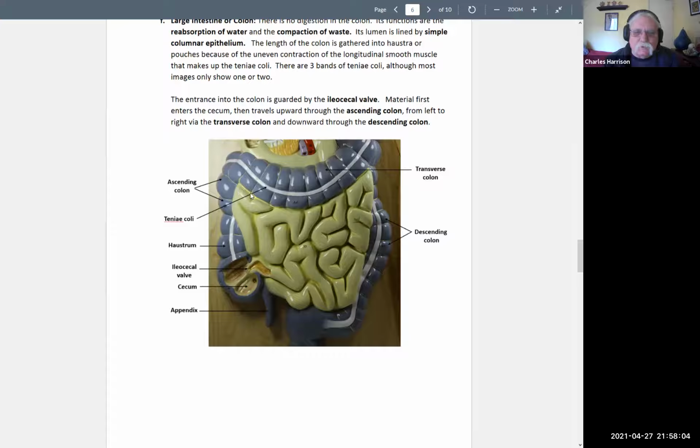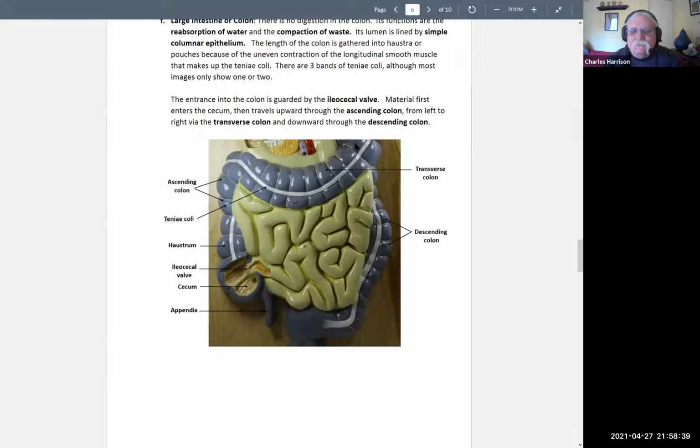One of them is right here, attaching the haustra to the small intestine, and one is back here. The 3 bands do not contract at the same time. Because they don't contract at the same time, they cause puckering of the colon itself and the formation of these haustra.